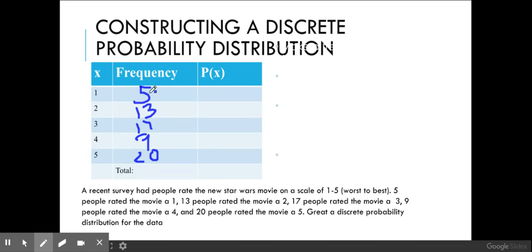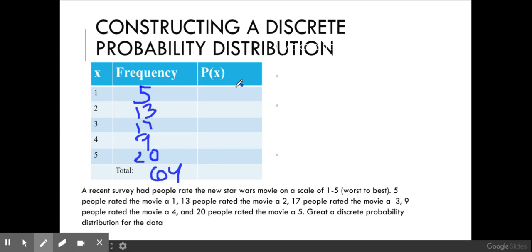So first we want to total these up. If we add together 5 plus 13 plus 17 plus 9 plus 20 in our calculator, or you can do it in your head, so here we have 35, and then 64 is our total.